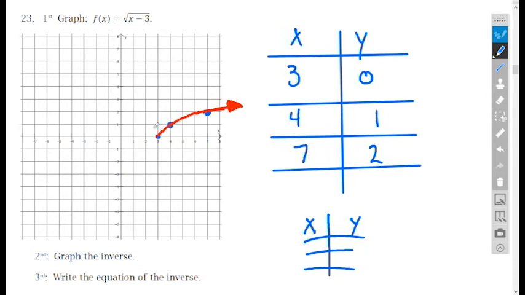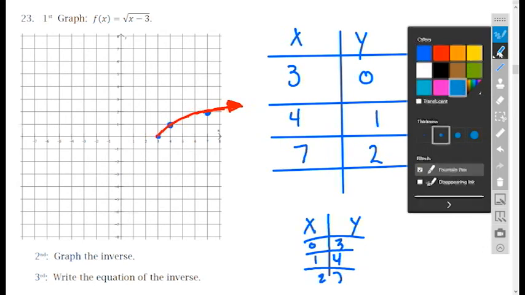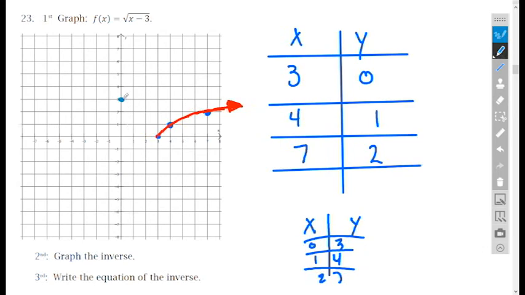So the x coordinates and the y coordinates would switch. So I would have (0, 3), (1, 4), and (2, 7). So if I want to graph the inverse function, I'd have (0, 3), I would have (1, 4), and I would have (2, 7). The inverse function is over here.